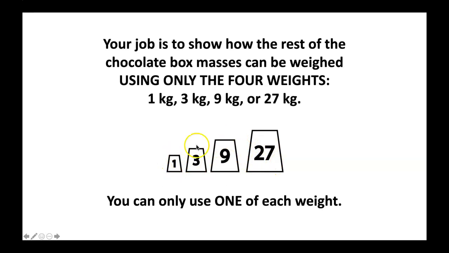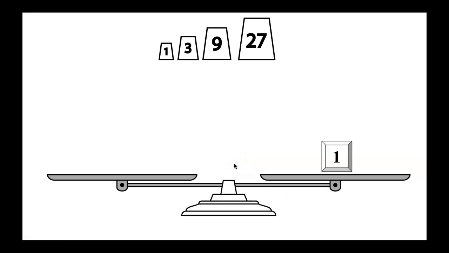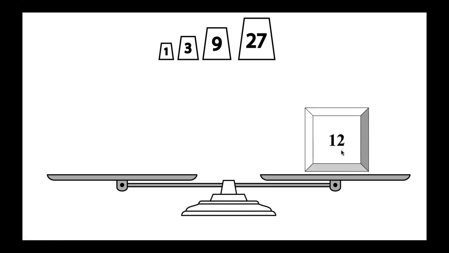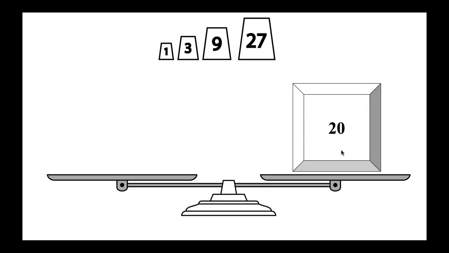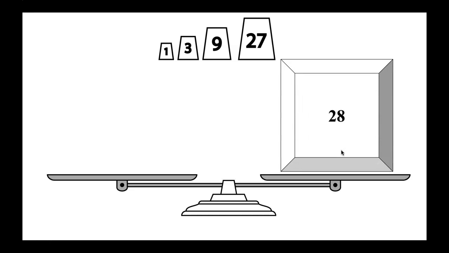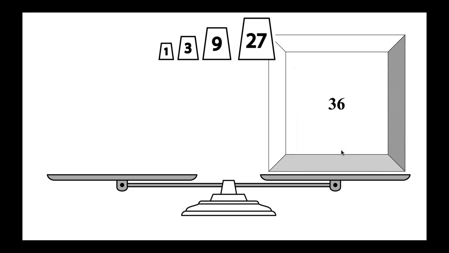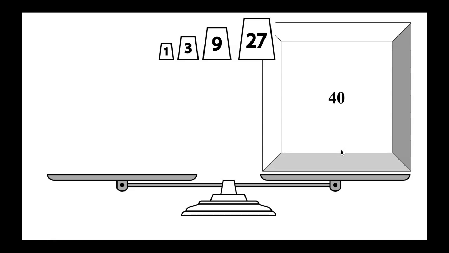You only have these 4 weights. So if you look at the problems, it starts with a 1 kilogram box, and you're going to show how you can measure boxes all the way up to 40 kilograms.